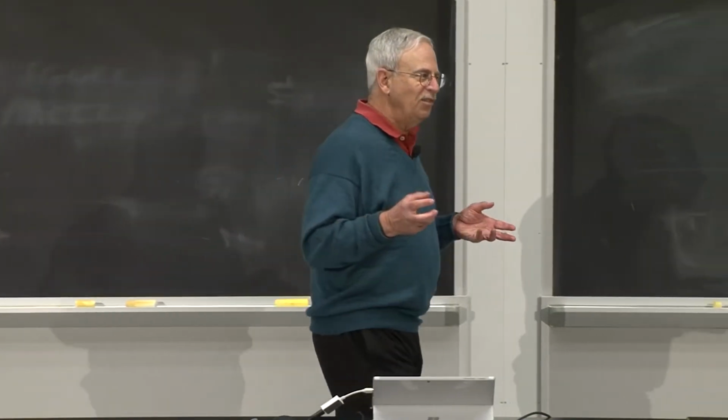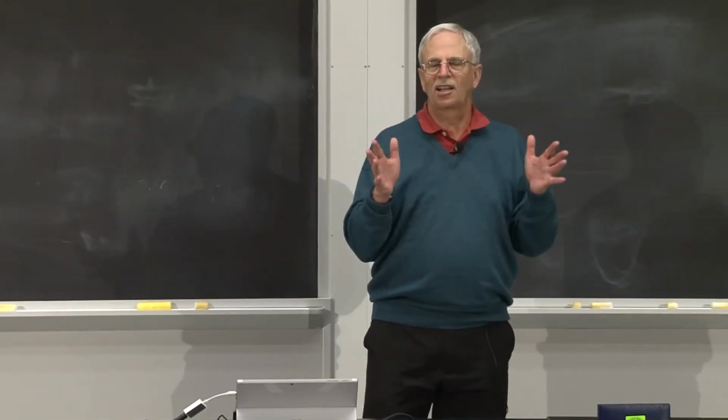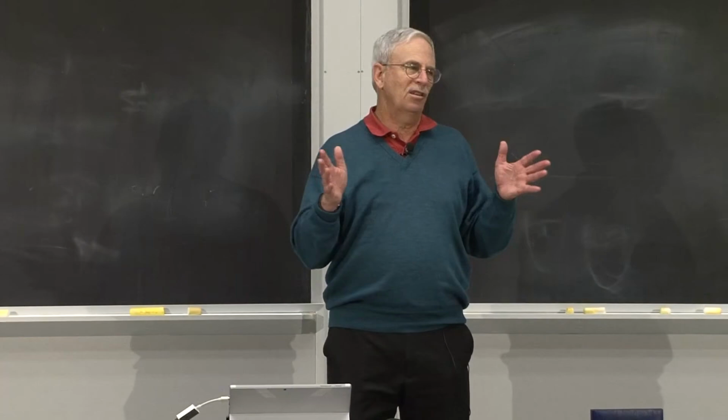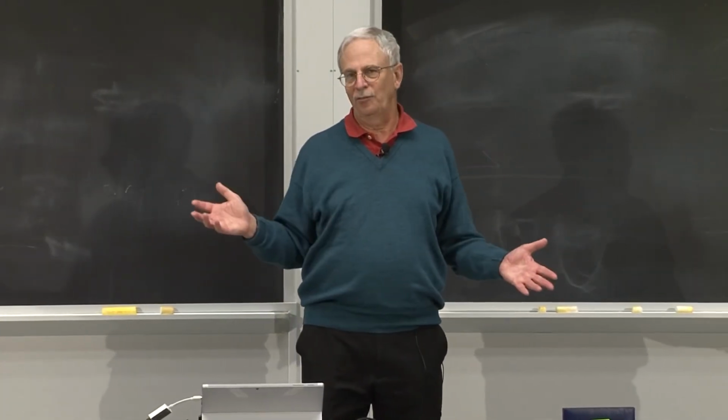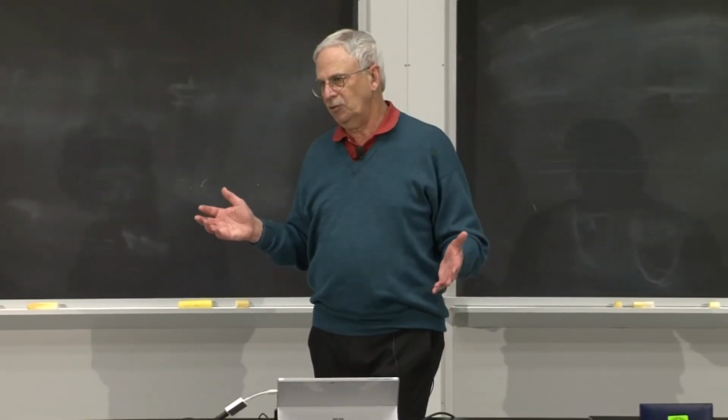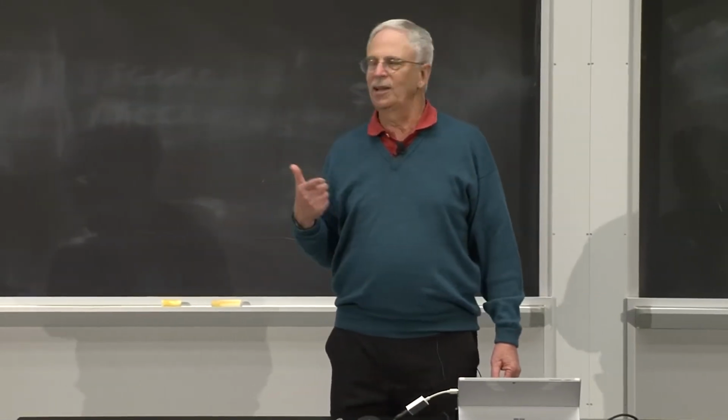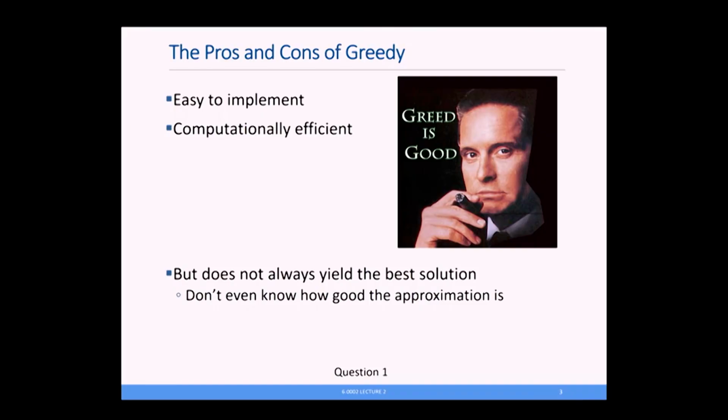Worse, we don't even know in this case how close to optimal it is. Maybe it's almost optimal, but maybe it's really far away. And that's a big problem with many greedy algorithms. There are some very sophisticated greedy algorithms we won't be looking at that give you a bound on how good the approximation is. But most of them don't do that.